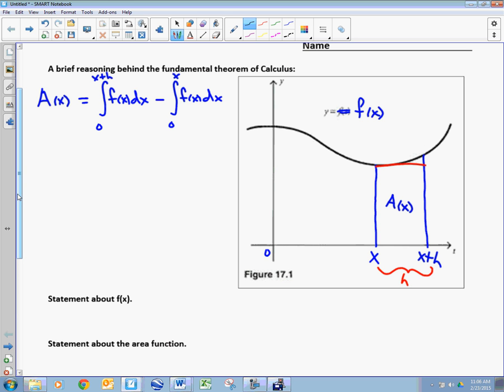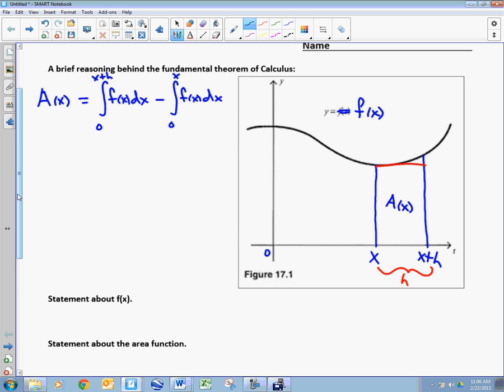Approximately. In fact, as we drew x plus h closer to x, wouldn't they be even more and more similar? As x plus h moves closer to x, what would h be moving towards then? 0, right?